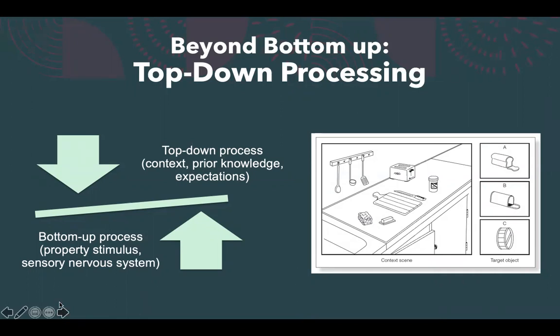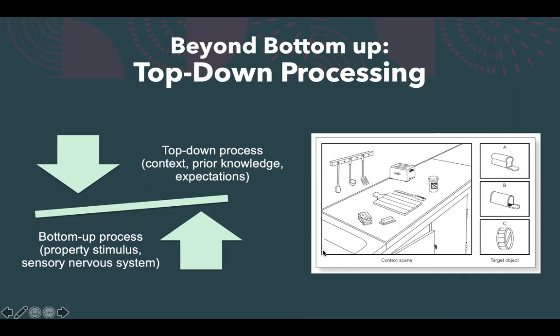For example, remember Palmer's experiments that I described in our first class, which show that people identify a rapidly flashed object in a kitchen scene more accurately when that object fits the scene. All right, so in this picture it would be the bread because it fits with the kitchen.